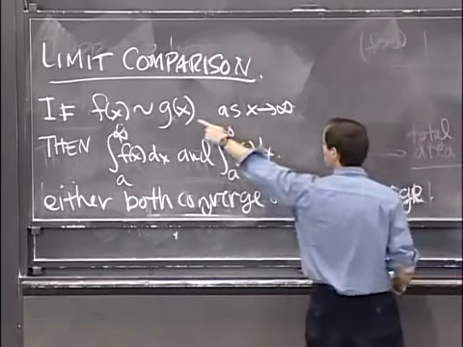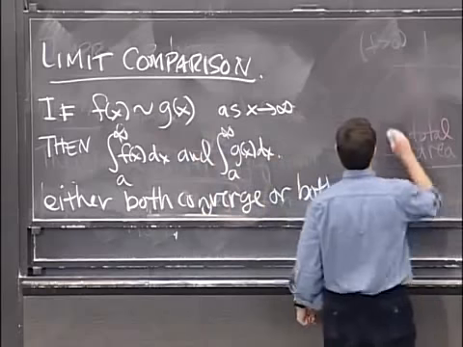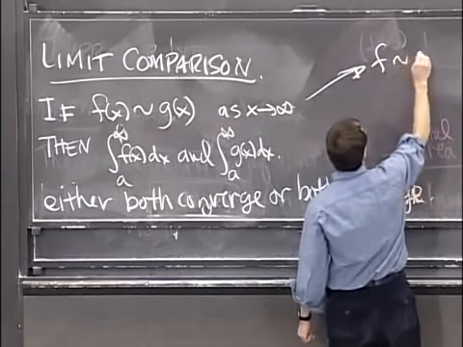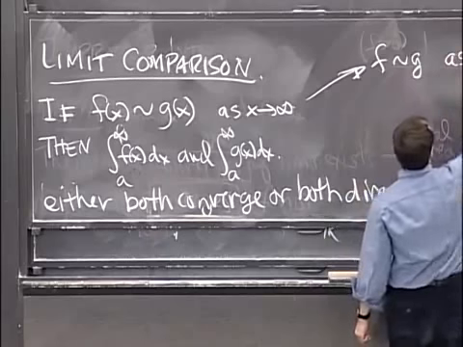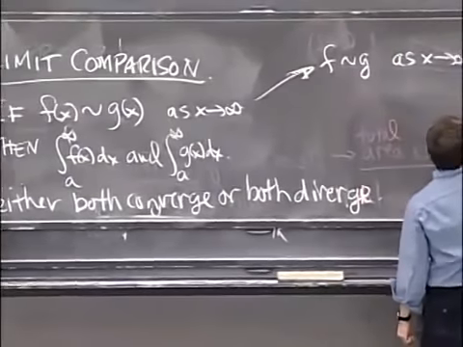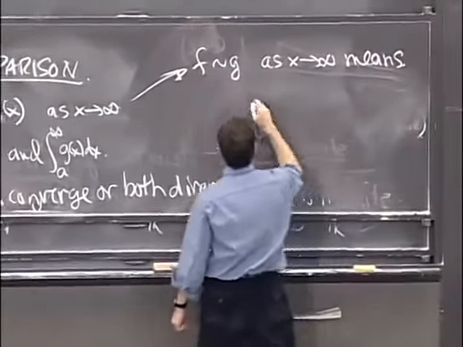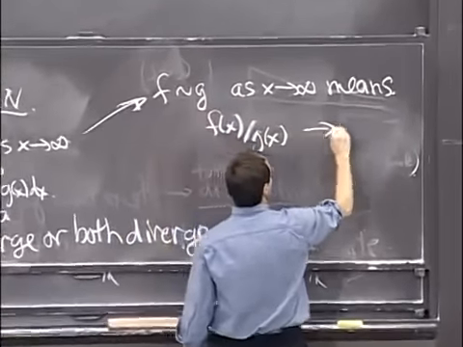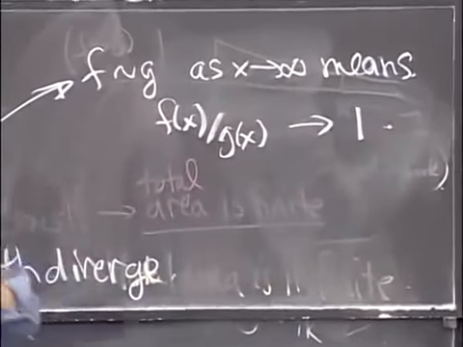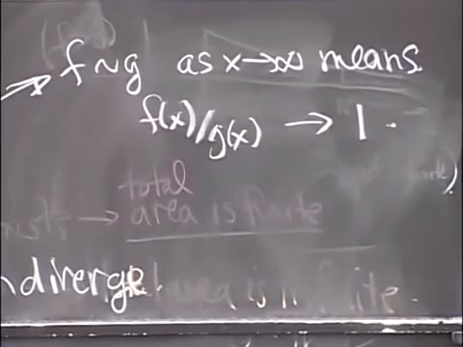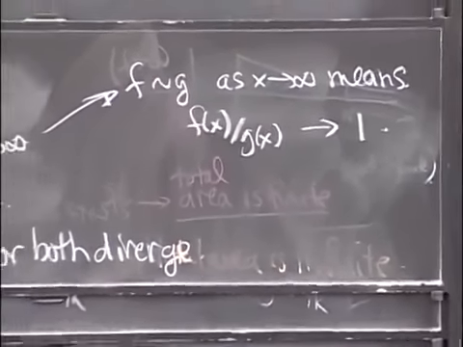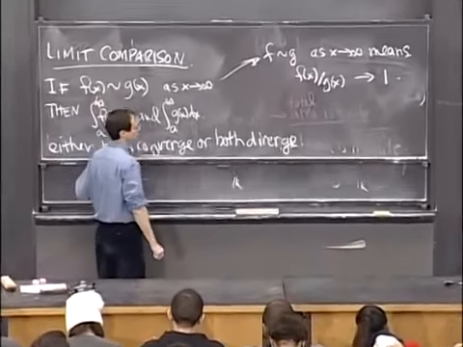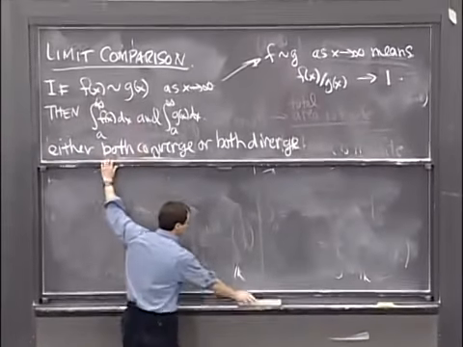And let me remind you what this tilde means. This means that f of x divided by g of x tends to 1. So if you have a couple of functions like that, then their behavior is the same.